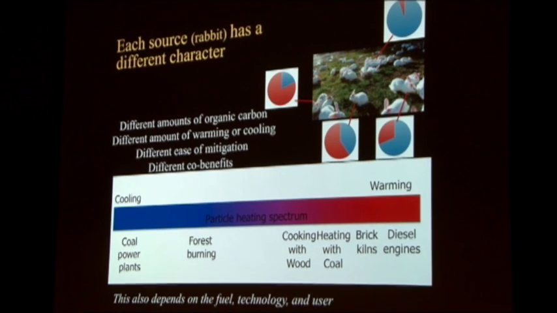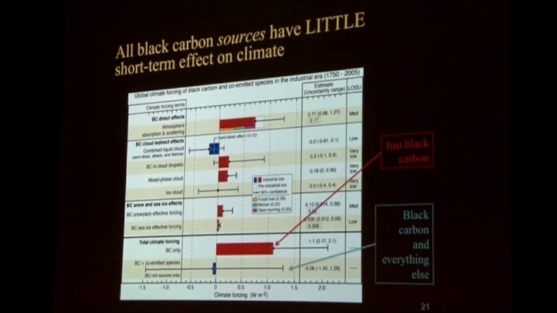Back to the rabbits. Each one not only has different amounts of organic carbon, but different ease of mitigation. For example, forest burning. Just turn it off, right? Not so easy. Different co-benefits, and let me explain what I mean by co-benefits. The actions taken to achieve one goal have benefits in many other areas.